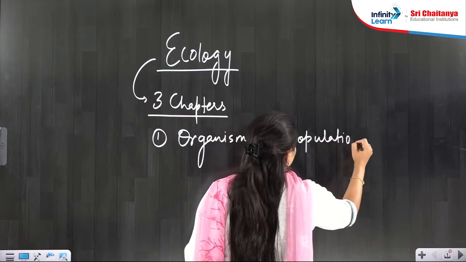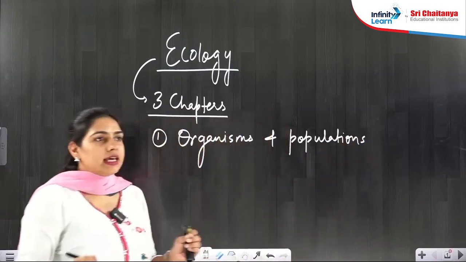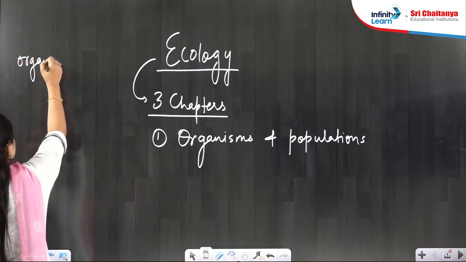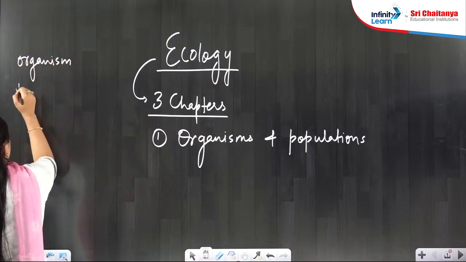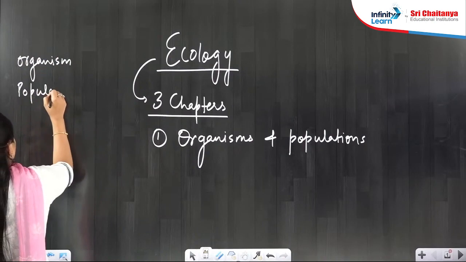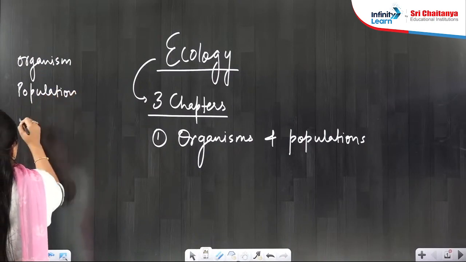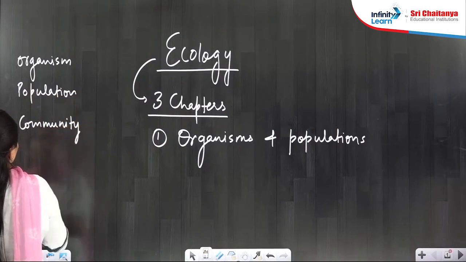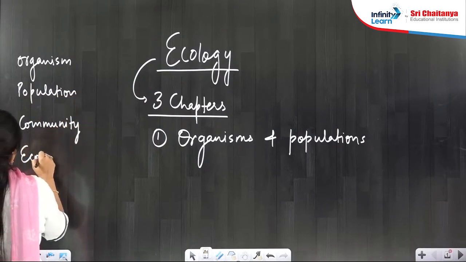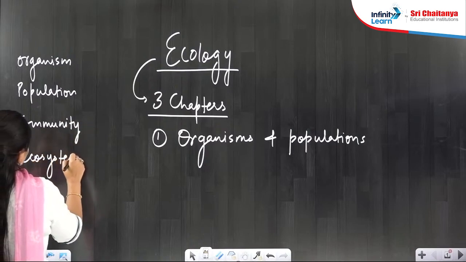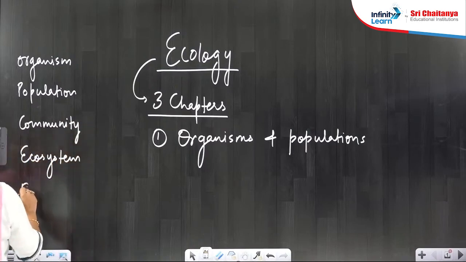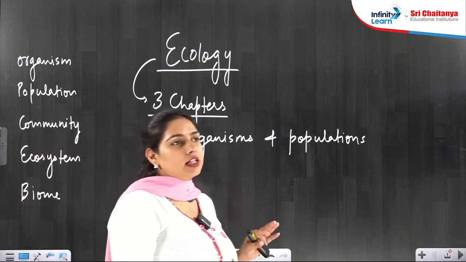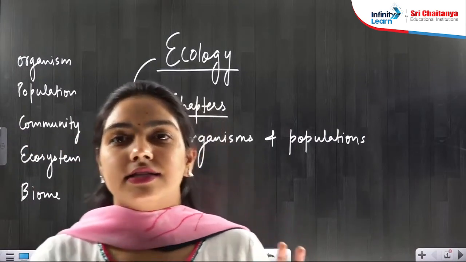So I told you a few things yesterday. Yesterday you all understood what is the meaning of an organism, what is the meaning of a population, what is the meaning of a community, what is the meaning of an ecosystem, what is the meaning of a biome, and what are the 4 levels of biological organization.